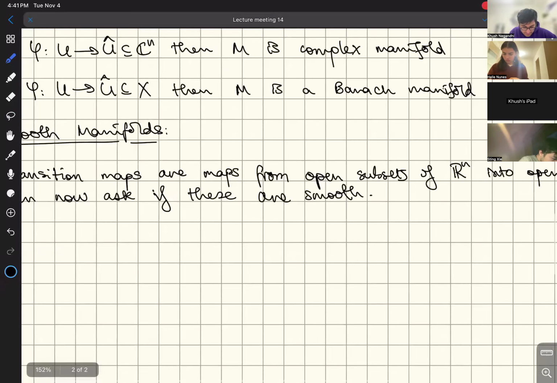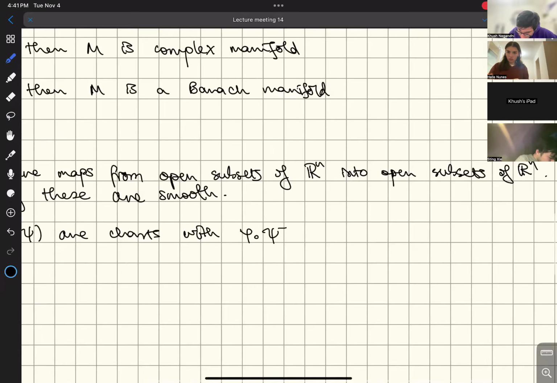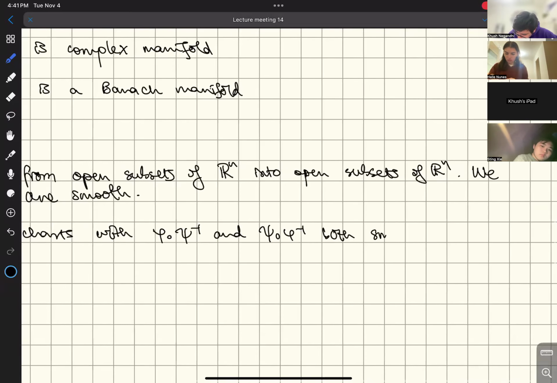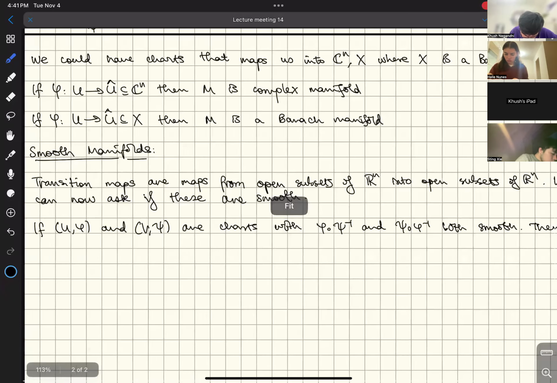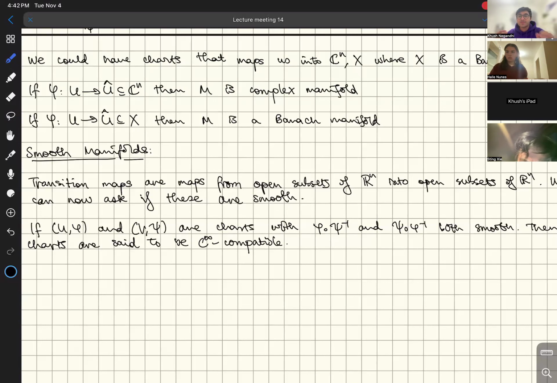So if (U, phi) and (V, psi) are charts with phi compose psi inverse and psi compose phi inverse both smooth, then the charts are said to be C infinity compatible. Because they're smoothly compatible with each other. The transition is smooth.